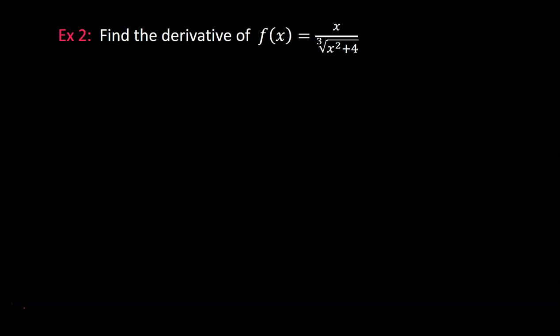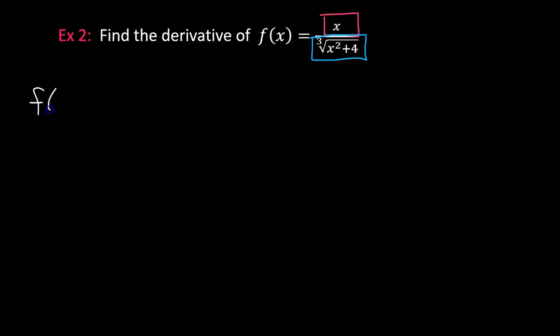Let's do one more example. In this one, we're going to end up using the quotient rule and the chain rule. But first, the quotient rule. Let's look at this function as a top function divided by a bottom function. Before we get started, let's rewrite the bottom function a tiny bit.